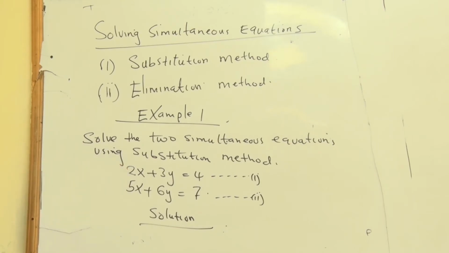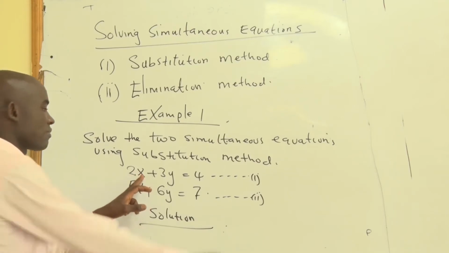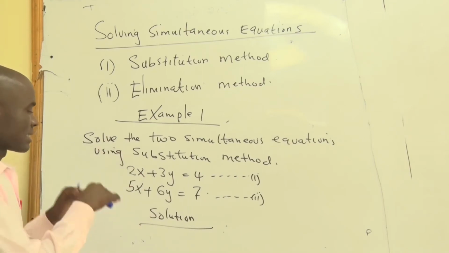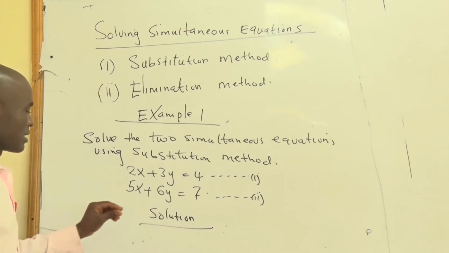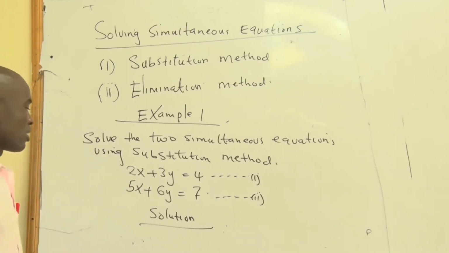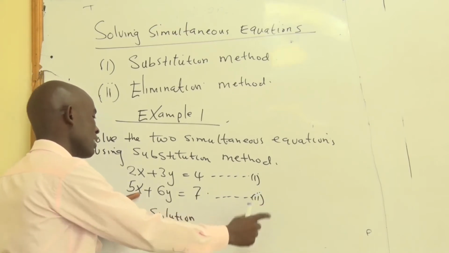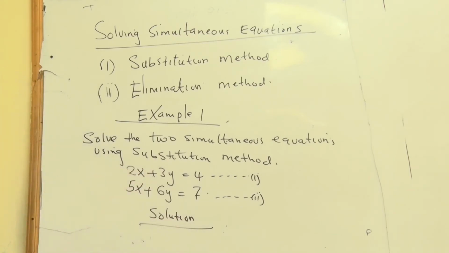So we can, for instance, make x the subject of the formula in the first equation, and then later on we will replace it in the second equation. Substitution is about replacement. You can also decide to make x in the second equation the subject of the formula, then you replace it in the first equation. Either way, you will get the answers.